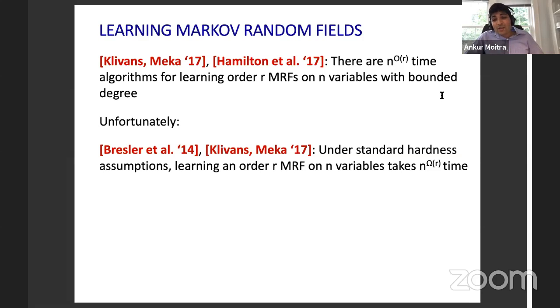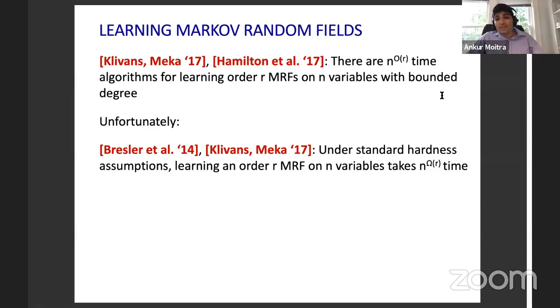And actually, what's worse is they're kind of the best you could hope for, because under standard hardness assumptions, you can't hope to learn an order R Markov random field in better than n to the omega of r time. So this is the relevant background. As we started off with Ising models, we talked about the history of what's known about learning them. We talked about what happens when we have latent variables and how it becomes a more expressive class.